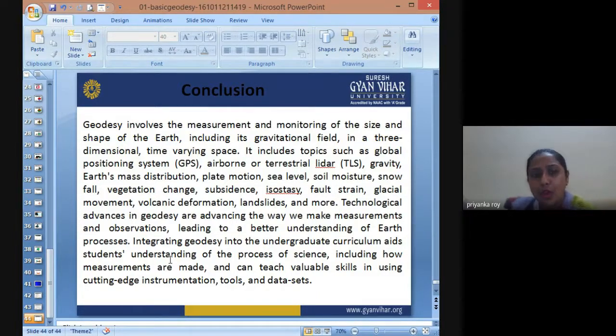Okay, so overall, geodesy or the datum system helps us in our modern navigation, whether it is aviation, or navigation in the ocean, or you are finding an Uber cab. Everywhere you are using this datum system.